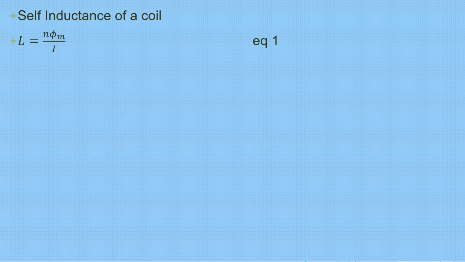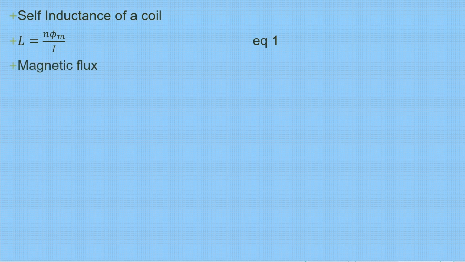The inductance of a coil also depends on the characteristics of its construction. Obviously, we know for the question the diameter and length are fixed, so that does influence the inductance, and also the magnetic properties of the core.